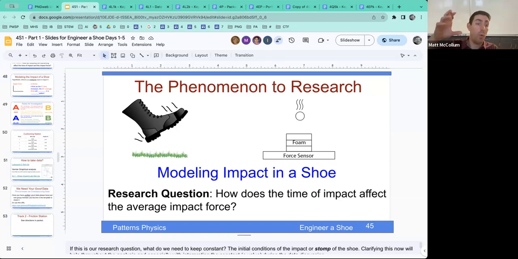And for us, a water bottle is representing the shoe. Water bottles are also nice because they don't ding up the force sensor or the floor as much, and are a little bit bigger and closer to the size and weight of the shoe there. And so this one is a lab that we assess on a quiz later.